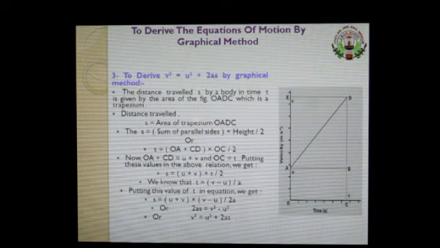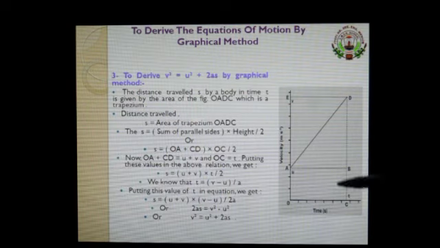Now I will explain how to derive the third equation of motion using the graphical method. What is our third equation? v² = u² + 2as. We have just seen that the distance travelled s by a body in time t is given by the area of the figure OADC.